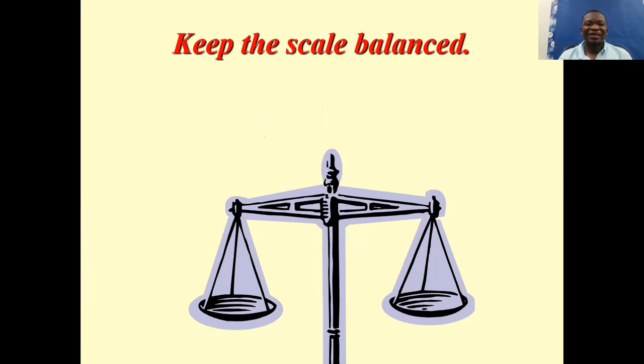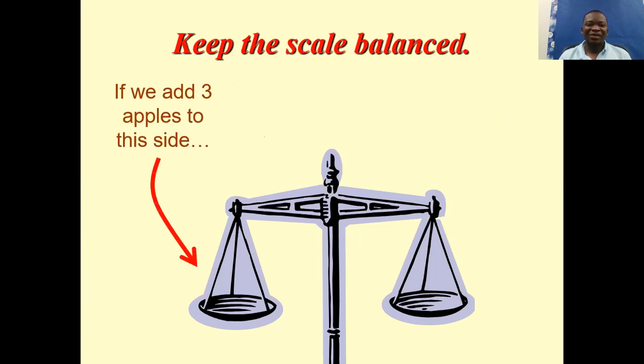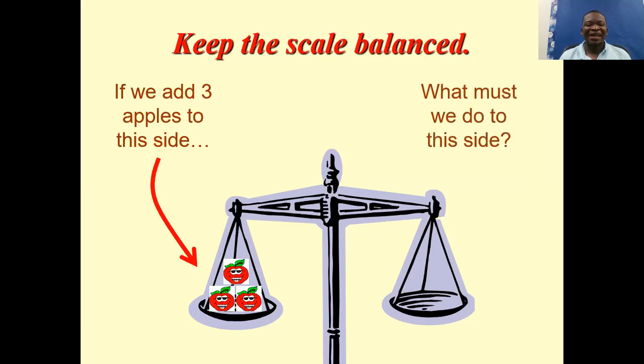So let's see, if you have a balanced scale and you want to keep it balanced, if you add 3 apples to this side, you have to add 3 apples to the other side in order to keep it balanced.